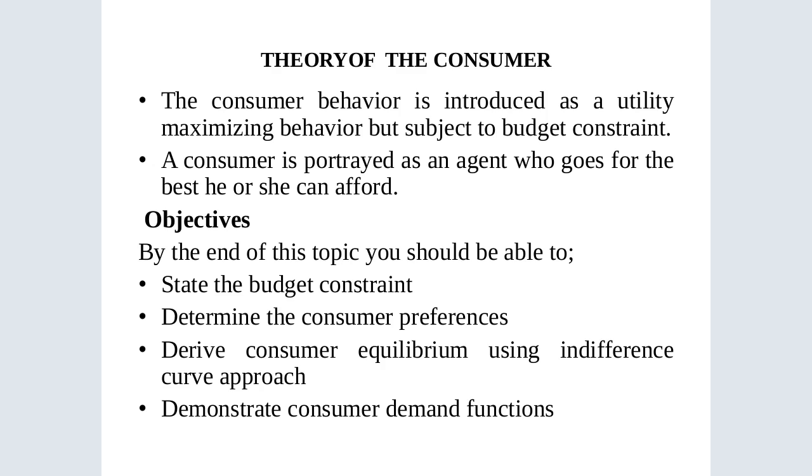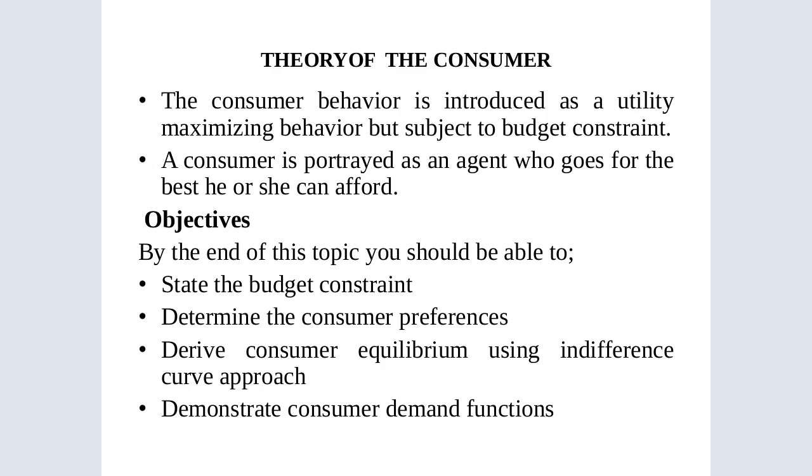Now, if you remember, under the introduction to microeconomics, the consumer is one of the economic agents that we have, and the objective of the consumer is to maximize what? Utility. So the consumer behavior is simply portrayed as a utility maximizing behavior.